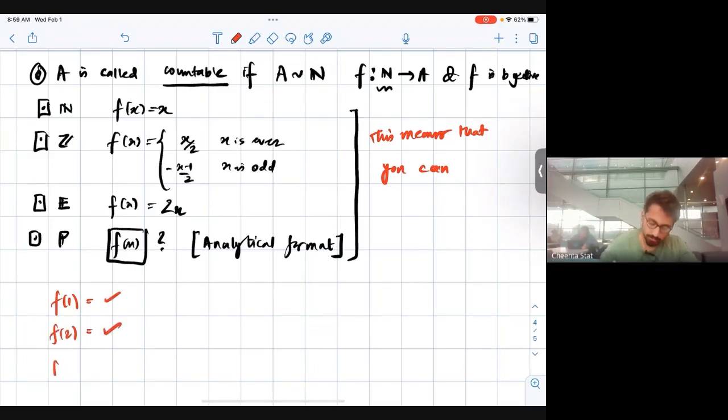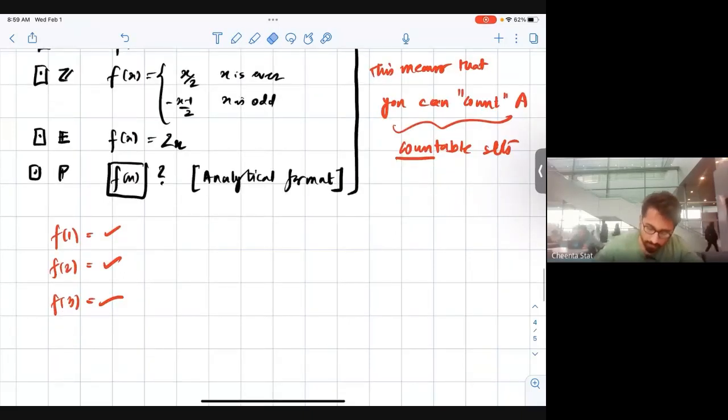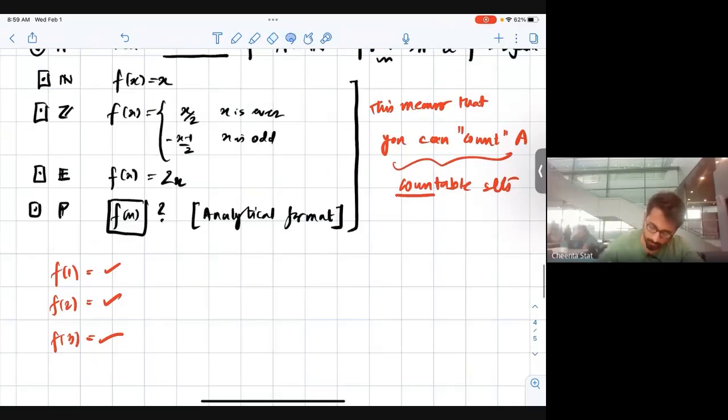So essentially you're counting like 1, 2, 3, 4. So essentially it means you can count A, from where you got the name countable set, right?